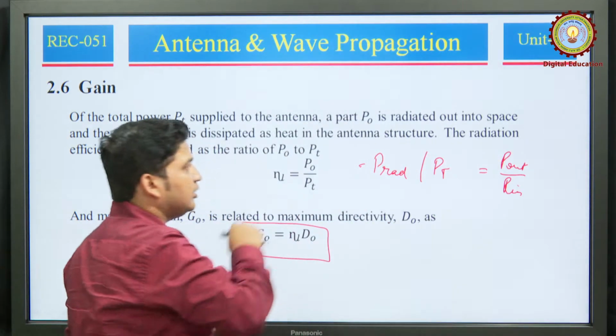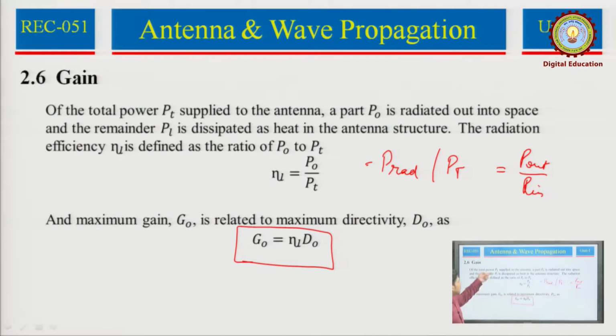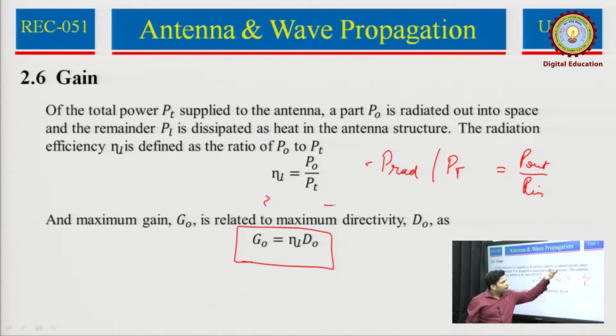This is efficiency. The total power P_T supplied to the antenna, a part P naught is radiated out into space. Whatever the total power available, a portion P naught is radiated into free space. And the remainder power P_L, which is P loss, is dissipated in the form of heat in the antenna structure itself, and that is losses.